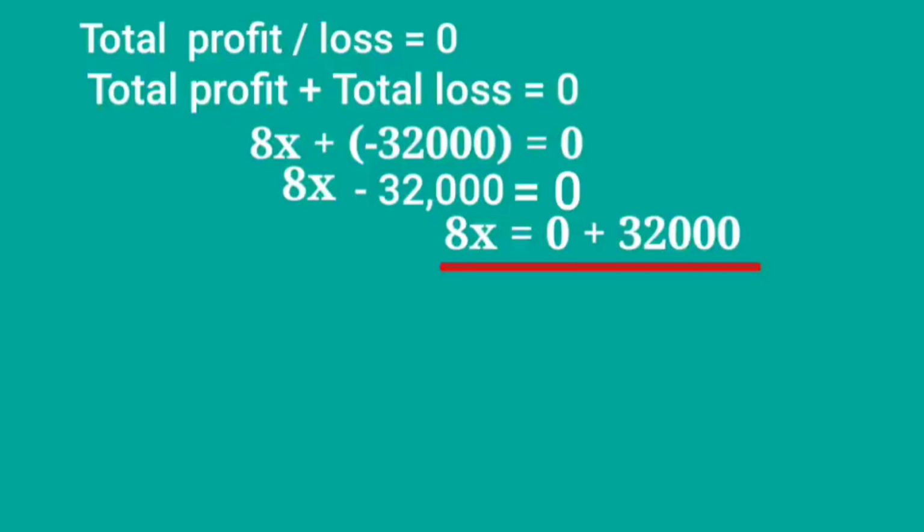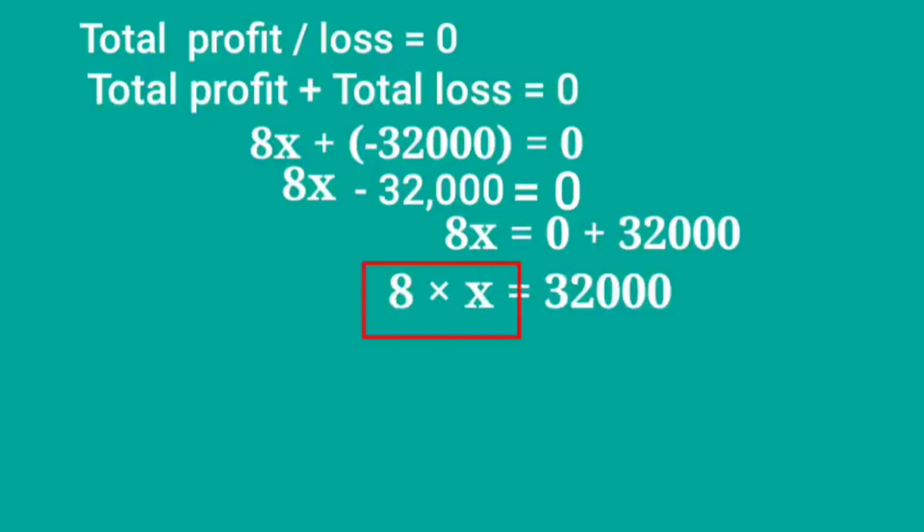In the next step, write the 8x in expanded form. So, 8 into x is equal to 0 plus 32,000, which is 32,000. Keep the x on the left hand side and carry the 8 to the right hand side. Here 8 was multiplied by the x, so it will take the place of the denominator or divisor on the right hand side.